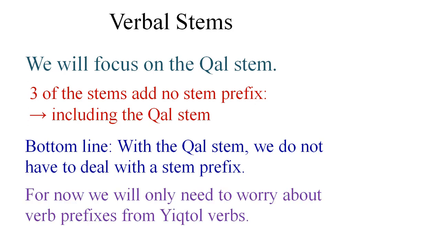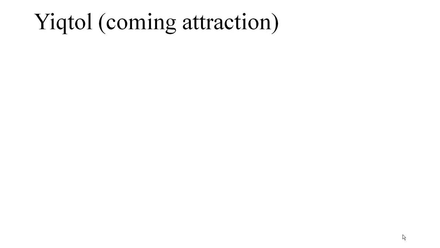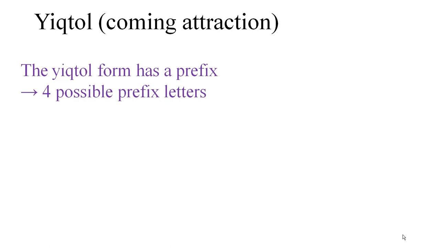So for now, we will only need to worry about verb prefixes from Yiqtol verbs. That is one of the verb forms for which we have seen a name up to now. This is a coming attraction, but briefly, the Yiqtol has a prefix, and there are 4 possible prefix letters.